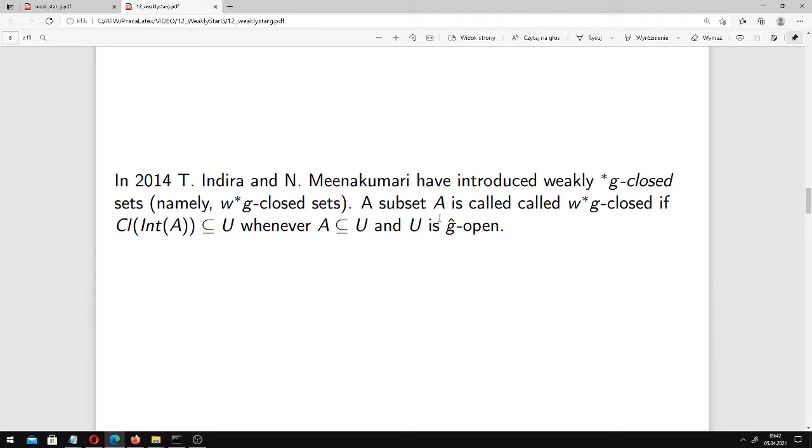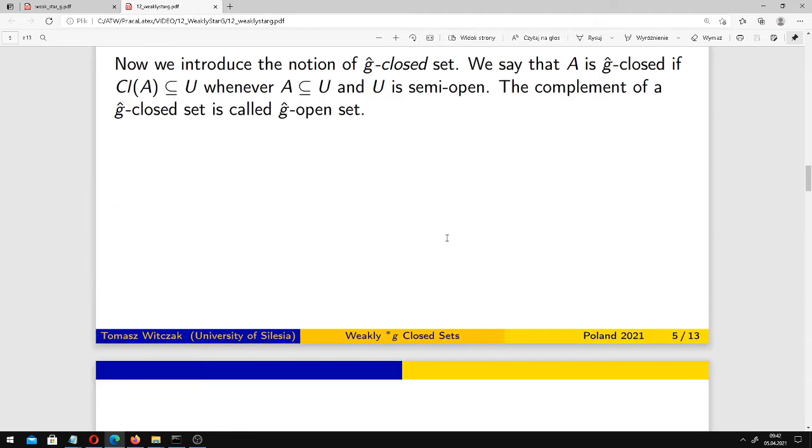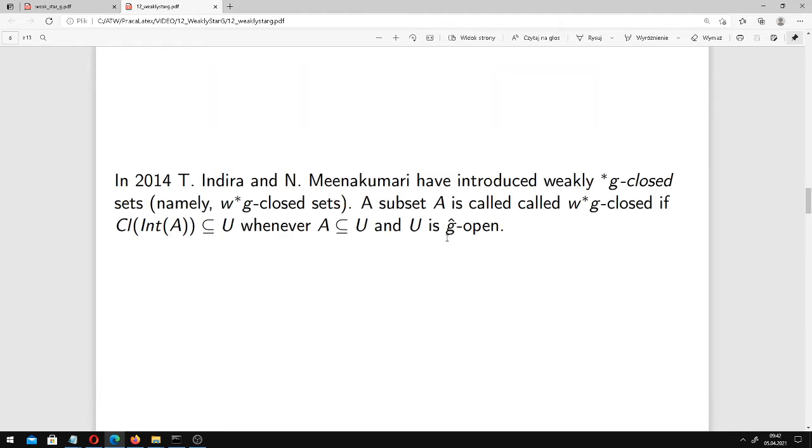Be that as it may, a subset A is called weakly star G closed if the closure of the interior of A is contained in U, whenever A is contained in U and U is hat G open. Hat G closed and hat G open sets were here, and here we have weakly star G closed sets.